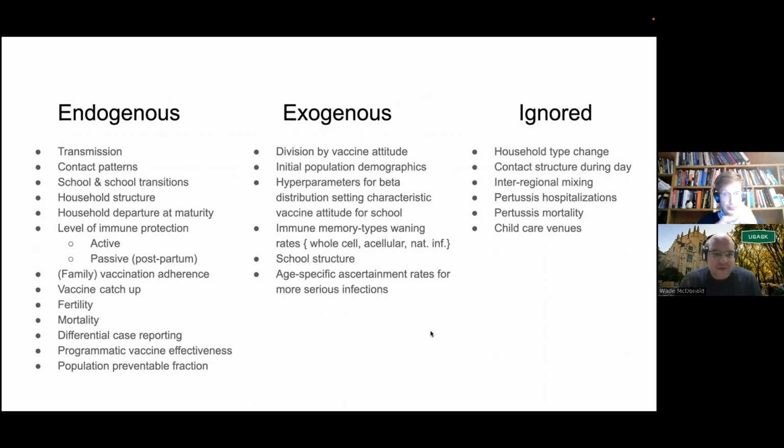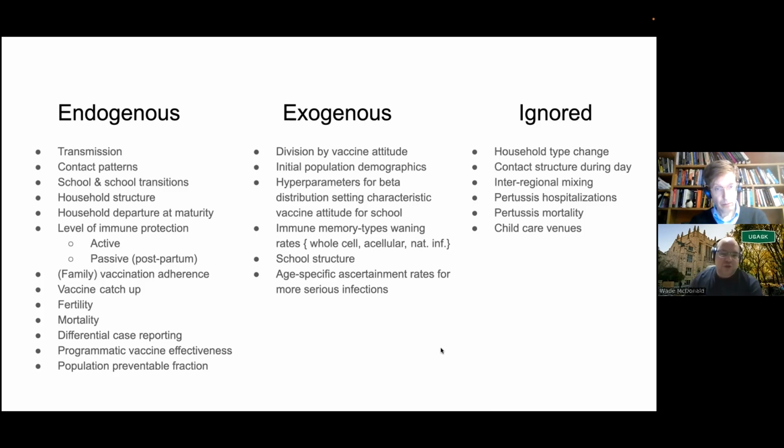Examining the scope of this model, endogenously represented was transmission of pertussis, contact patterns, which we'll look at in more detail in a moment, schools and school transitions, household structure, household formation once a person reaches adulthood.